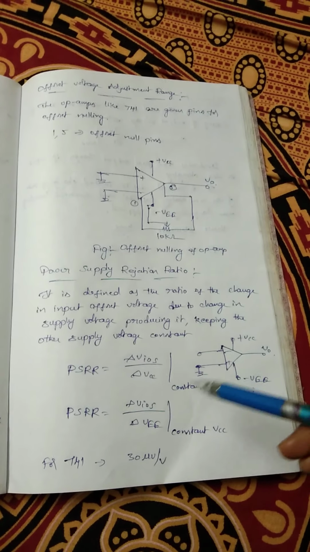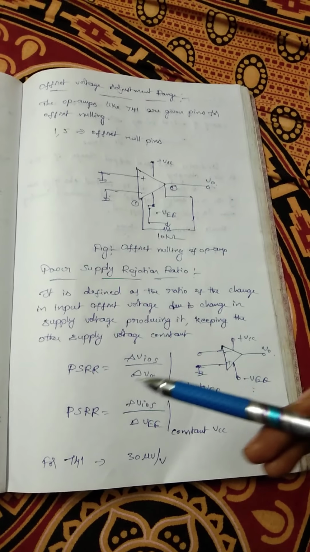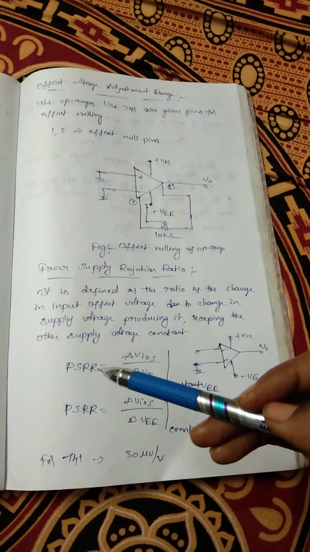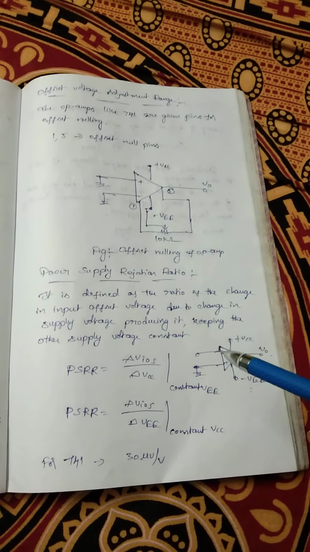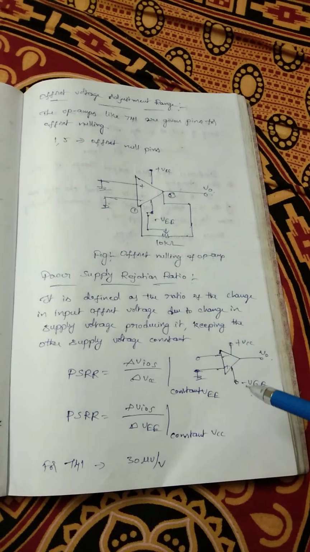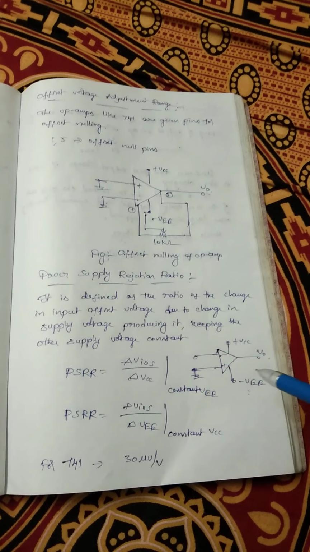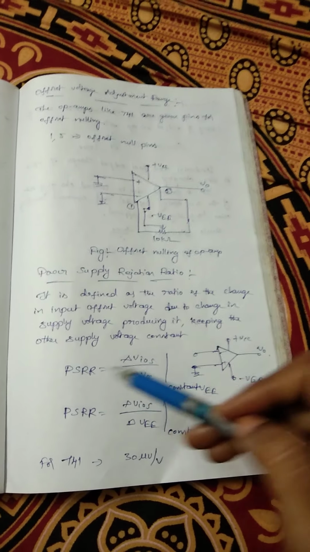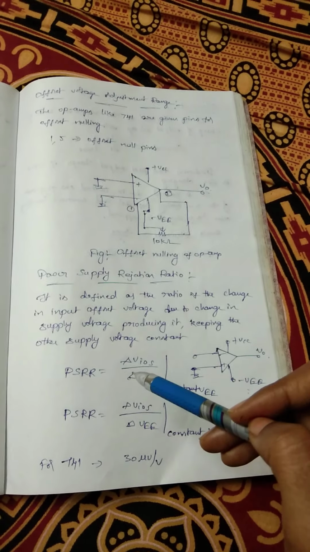So whenever we want to calculate the power supply rejection ratio, that is PSRR, with respect to VCC, we should maintain the other supply voltage constant, that is VEE should be constant, and it is the ratio of input offset voltage to the supply voltage VCC, maintaining the other supply voltage constant.